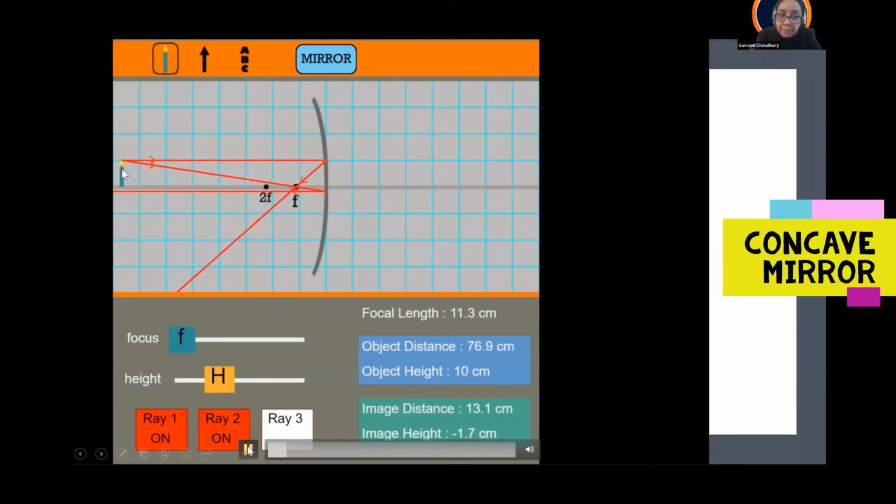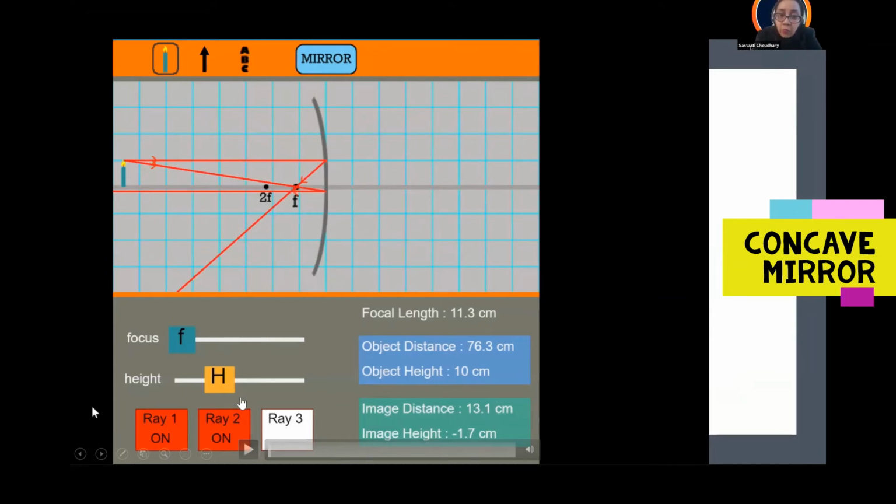Now see what happens whenever it is almost at infinity. You can understand that the reflected ray meets almost at the focus. Almost, I'm not saying exactly at the focus. So the reflected ray passes through the focus.